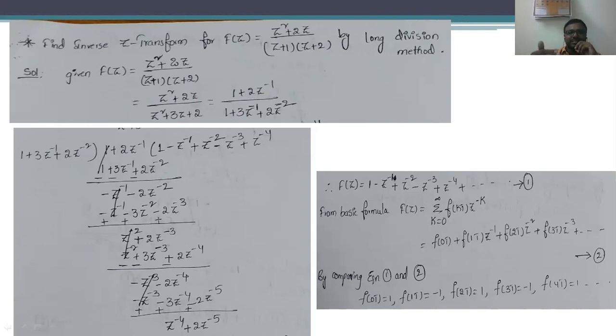So we simply get the final expression as 1 plus 2z inverse divided by 1 plus 3z inverse plus 2z power minus 2. This is the X of z.